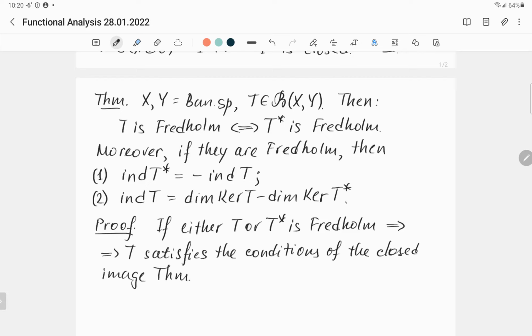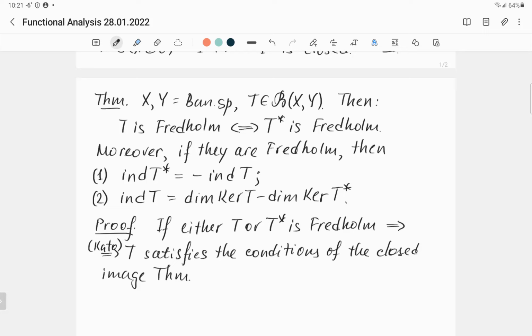Let's recall that it states in particular that if we have a bounded linear operator T between Banach spaces, then the image of T is closed if and only if the image of the dual operator is closed. If T is Fredholm, then the image of T is closed by Kato's theorem. And if T star is Fredholm, then the image of T star is closed. But in both cases, the closedness of the image of T and of T star are equivalent to each other.